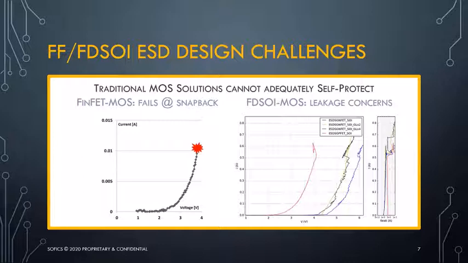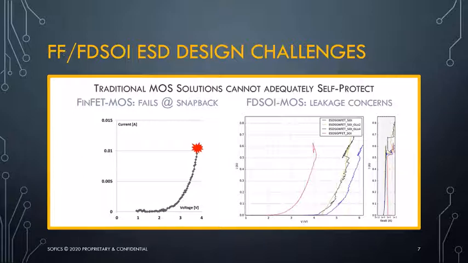Added to that is that when we look at the MOS solutions in those FinFET and FDSOI technologies, we basically must conclude that they cannot adequately self-protect, which means that a self-protecting driver is not really a good option. And also building ESD protection that extensively relies on MOS transistors in that classic snapback mode is also not a good idea.